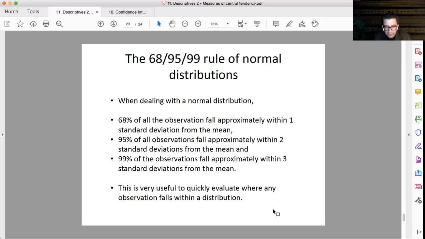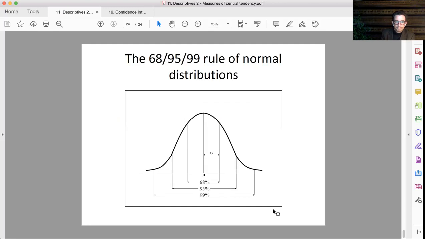This is a very cool trick to evaluate where any observation falls in a distribution. All right. So remember, this is the 68, 95, 99 rule of normal distributions, and it says that 68% of all the observations we're going to see in a normal distribution are within 1 standard deviation away from the mean. 95% are within 2 standard deviations away from the mean, and 99% fall within 3 standard deviations away from the mean.